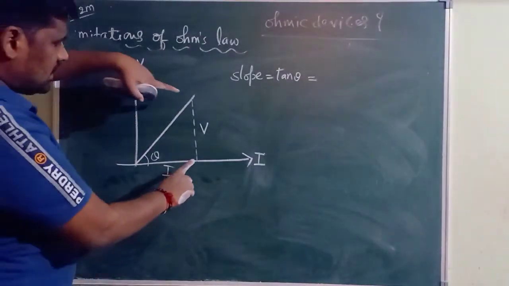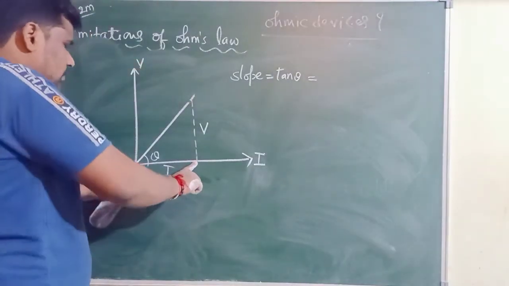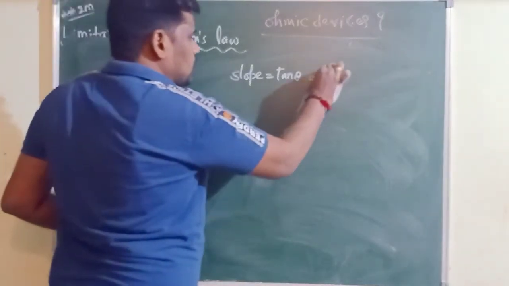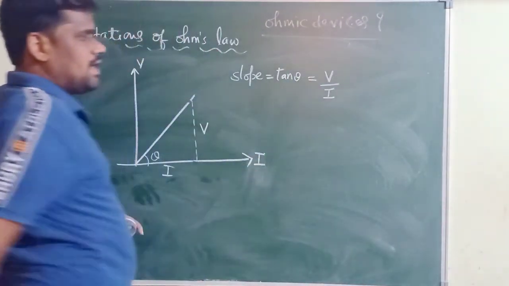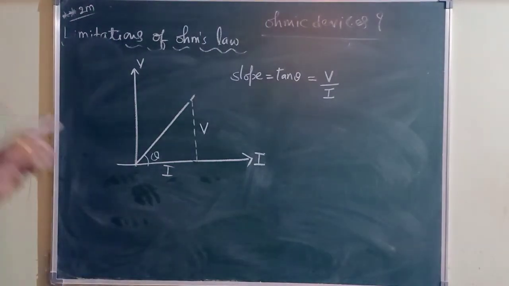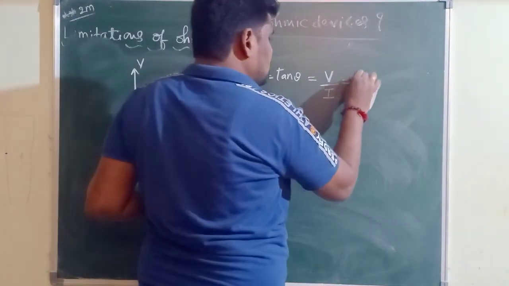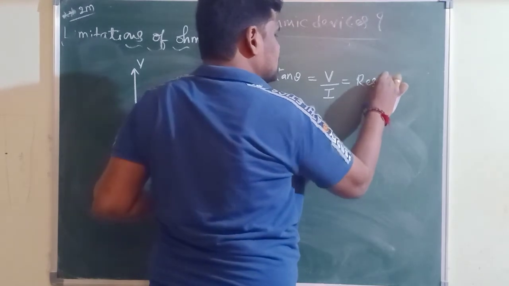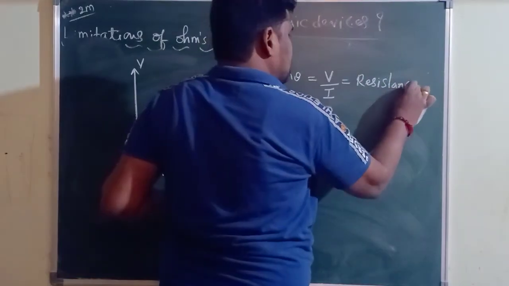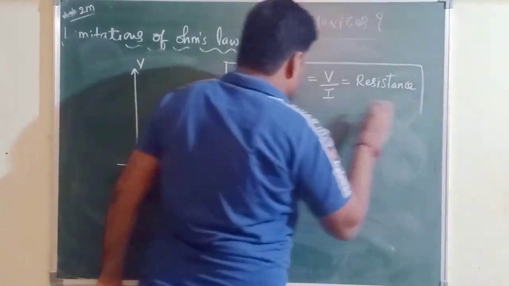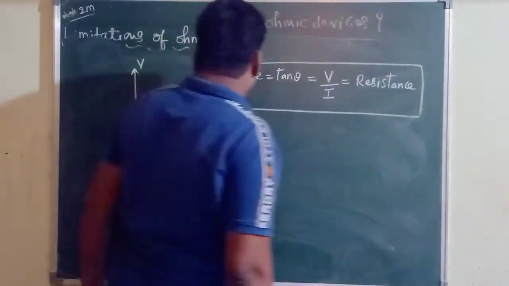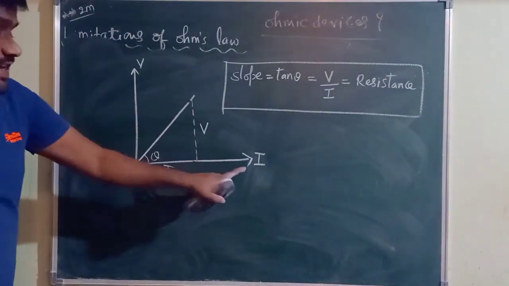The tan theta is given by opposite side divided by adjacent side, which is V by I. And V by I is nothing but resistance. Are you getting my point? Concentrate here. The slope of the V versus I graph is resistance.